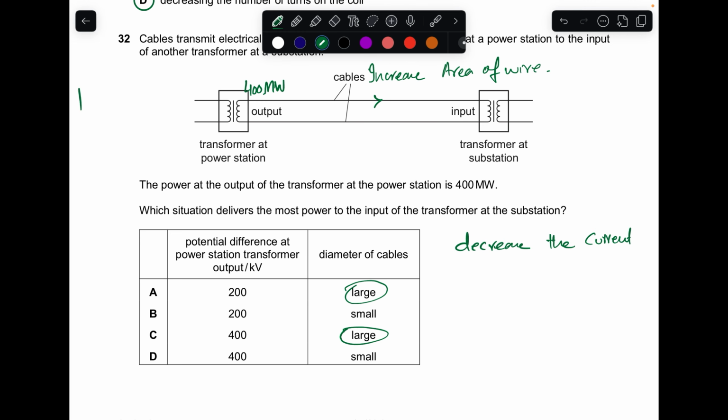If you remember, the power loss equation is I squared R. So we have to reduce both variables. If the area is more, the resistance will be less, so less power will be lost. And if the voltage is more, the current will be less. So decreasing the current by increasing voltage will reduce the power losses. So you have to choose the higher one. So it's option C, that is correct.